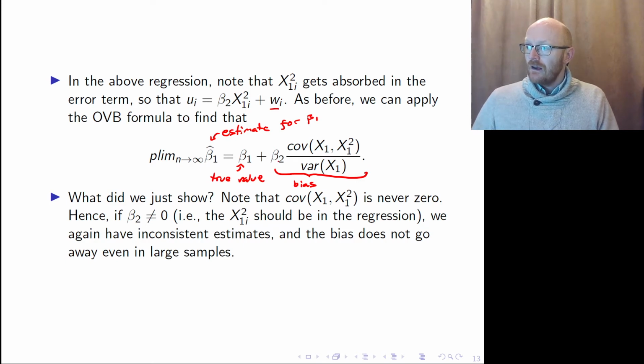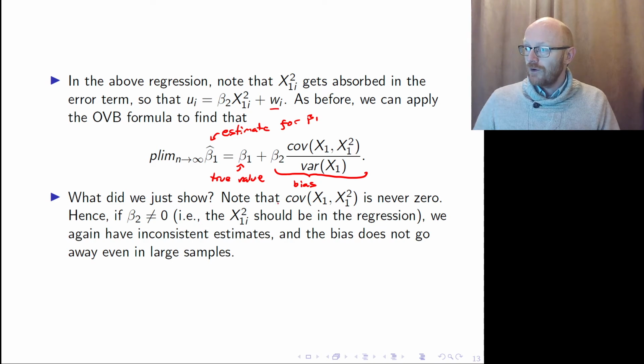So if this x squared variable actually is an omitted variable, which means that the beta 2 coefficient is non-zero, then we have an inconsistent estimate of the beta 1 slope, the effect of a change in x associated with a change in y.